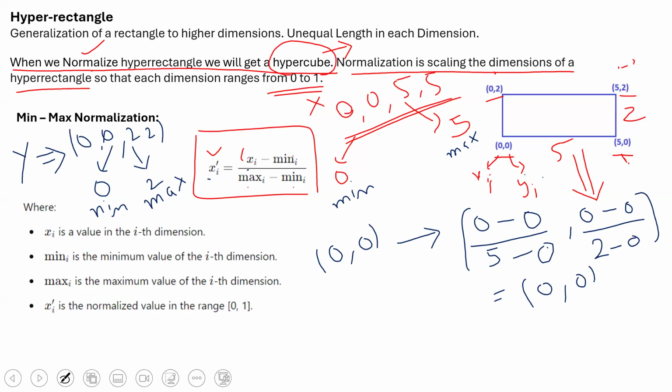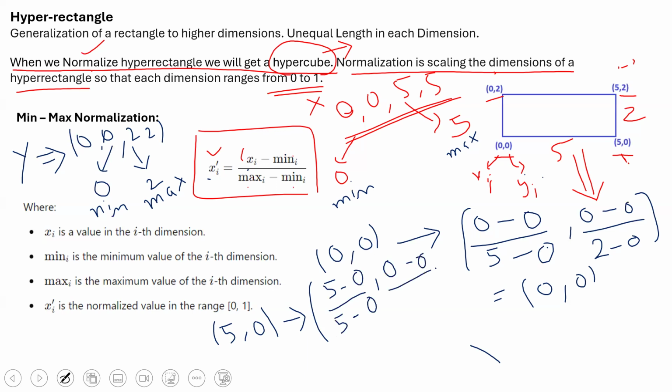Now let's try to convert 5 comma 0. I'm going to try to normalize 5 comma 0. How does this change is what we are interested in now. To normalize this, the same formula: xi minus minimum of xi, which is 0, by maximum of xi, which is 5, minus minimum of xi, which is 0, comma, what is yi here? 0 minus minimum of yi, which is 0, by maximum of yi, which is 2, minus minimum of yi, which is 0.